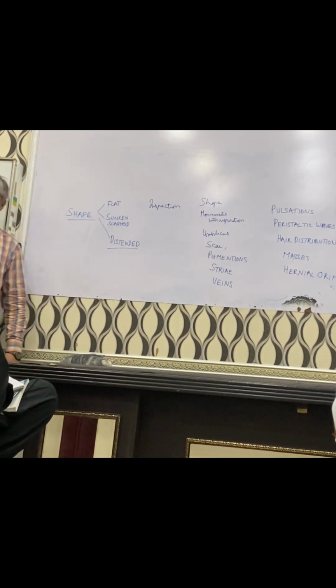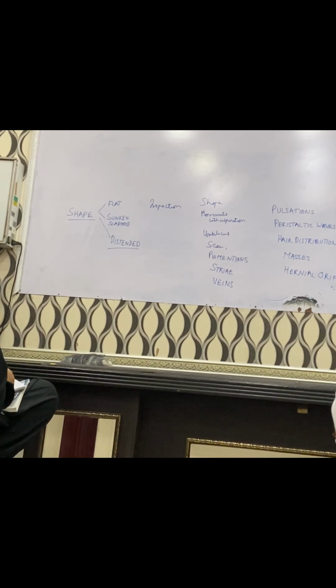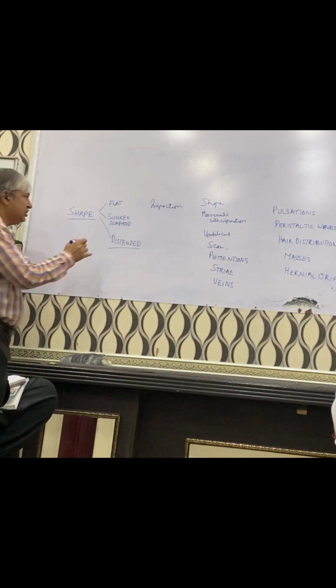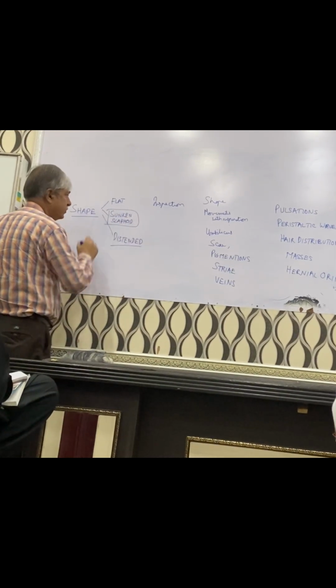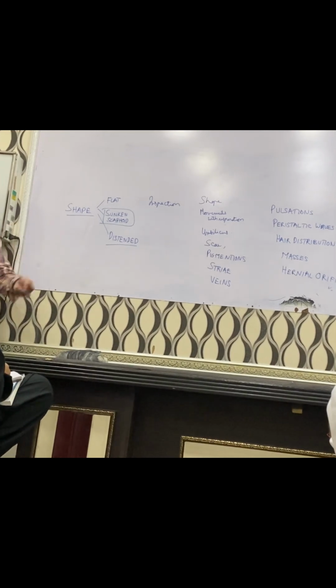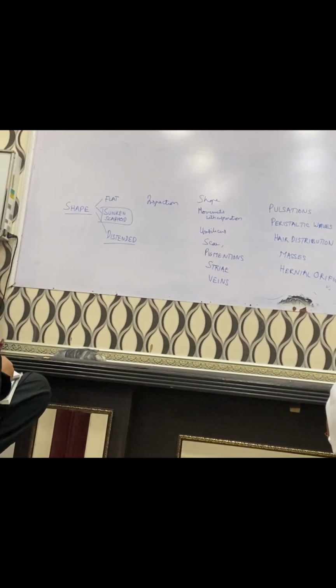Right? Normally it is usually flat, at the same level with the chest. If it is at the same level with the chest, then it is supposed to be flat. If it is boat shaped, sunken inside, then this is said to be scaphoid. And if it is protruding outside the thorax, then this is said to be distended.